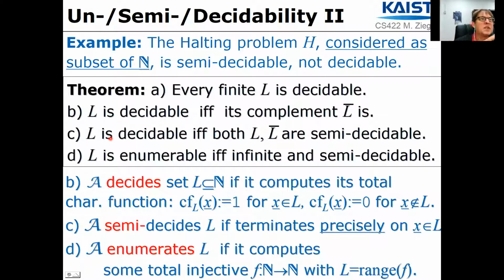One step here, one step here, until one of the two terminates. It can take a very, very long time, but eventually one of them will terminate, and then our algorithm can act and report accordingly. Output 1 in case the first simulation was the one to terminate, and output 0 in case the second simulation was the one to terminate.